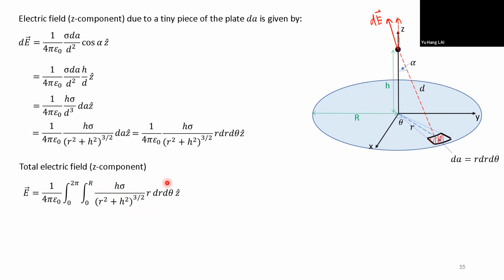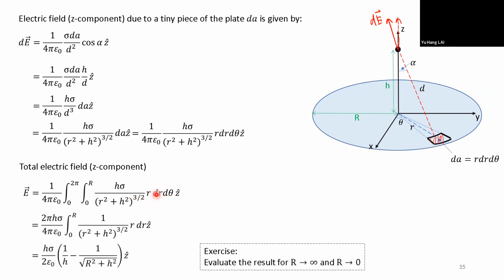I suppose you know that this one requires just a simple substitution. Then this is the result that you get. Here is an interesting question for you to think about yourself: consider two limiting cases.